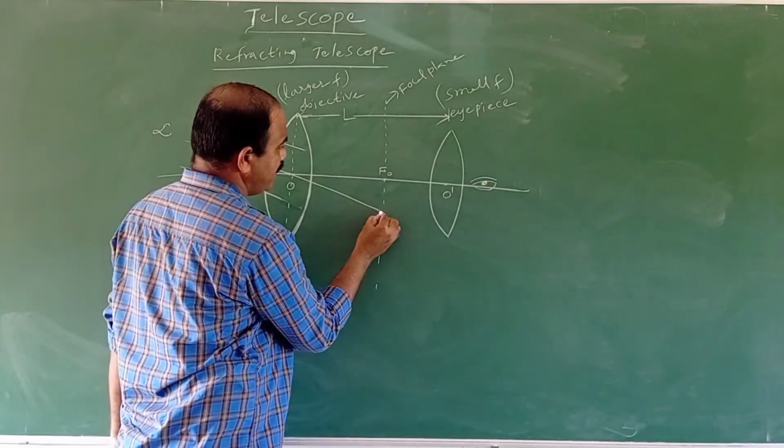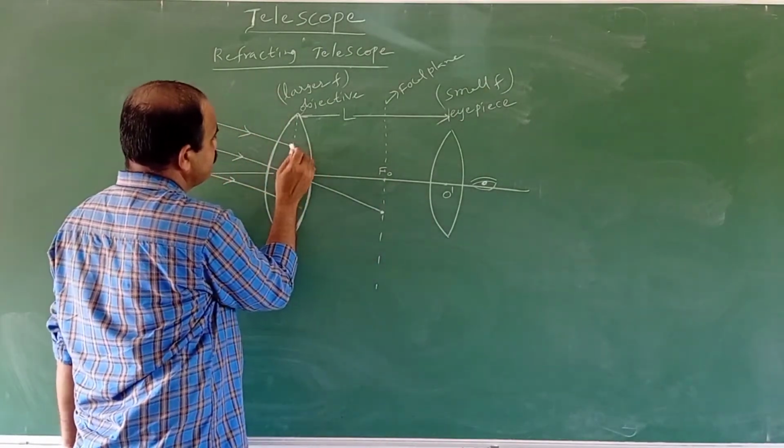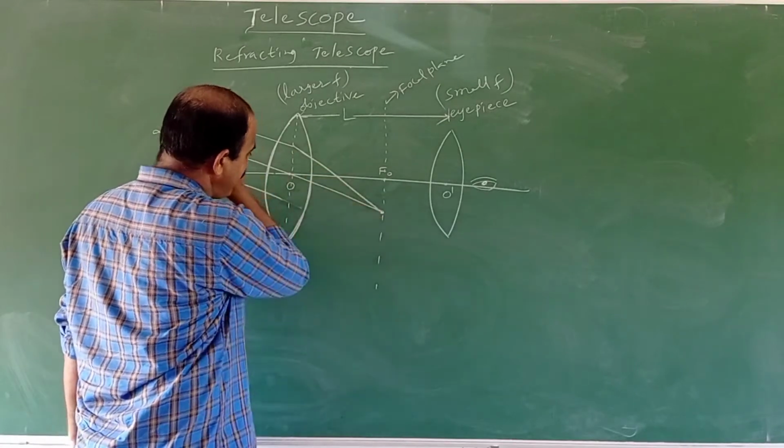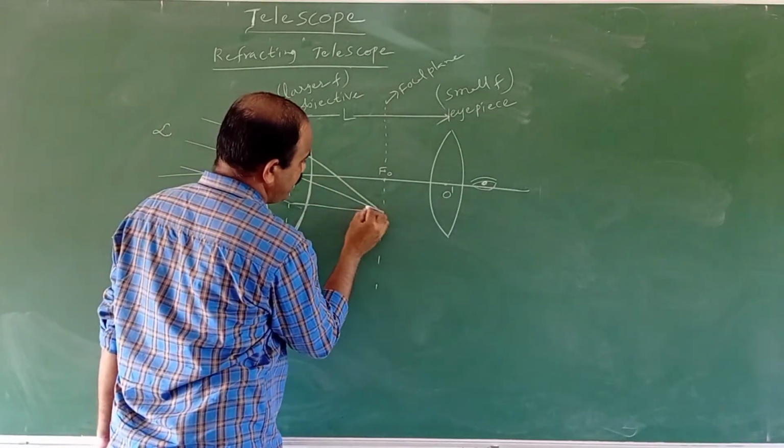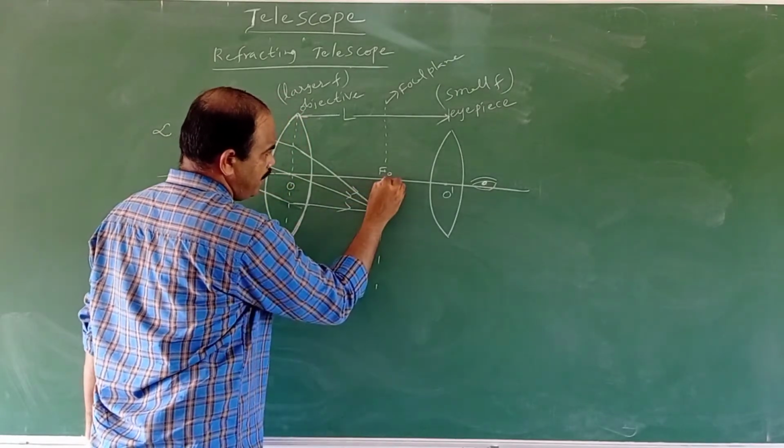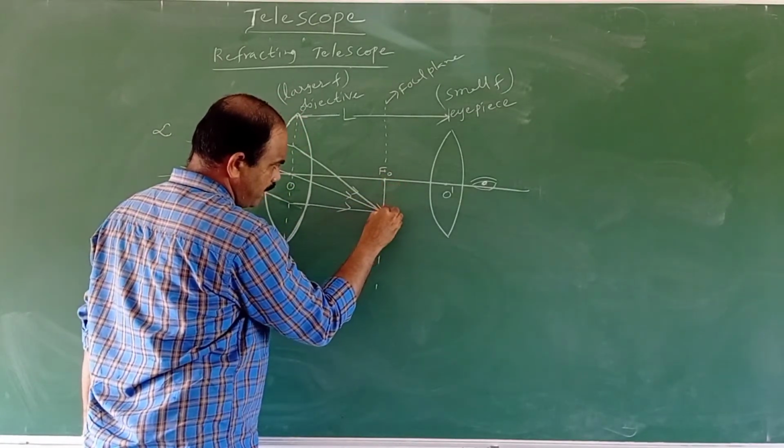Here the image is formed after refraction. All the refracted rays meet here, so the image is formed here.